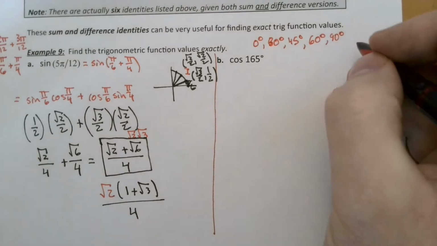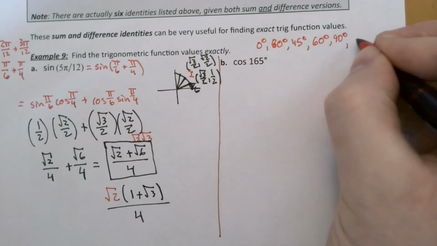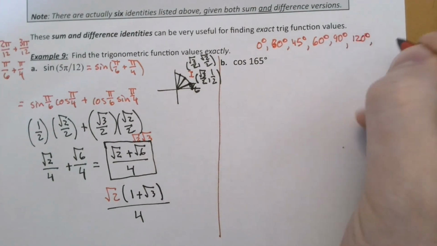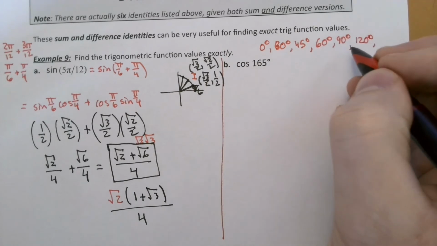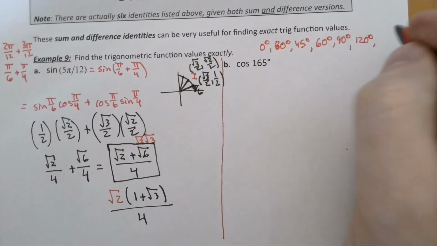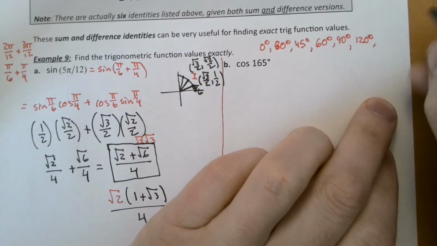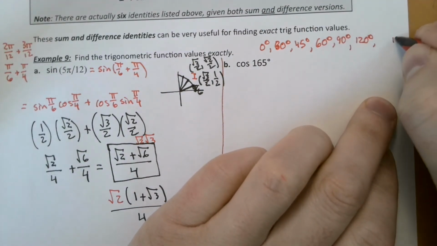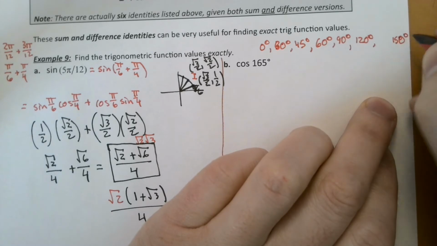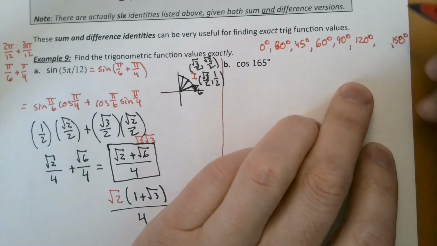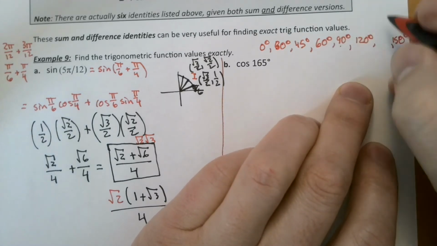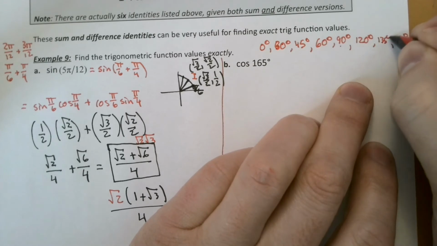How about this? If I kept going, the next in quadrant 2, we'd get 120. If I added 30 to that, and then if I add 30 to that, I get 150, and 30 to that gets us to 180, and there's another one in between here that's the 45. So if I add 45 to 90 degrees, I get 135 degrees.